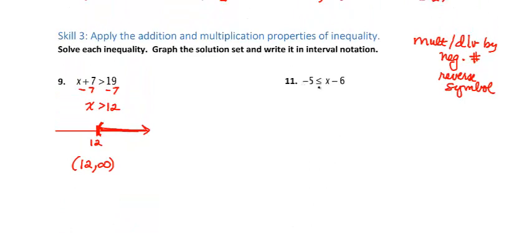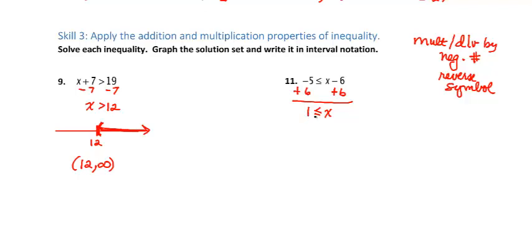Negative 5 is less than or equal to x minus 6. To isolate the variable, we add 6 to each side. Negative 5 plus 6 is 1, is less than or equal to x. This inequality is written reverse of what we normally see with the variable on the left. We can switch the sides of an inequality, but we have to switch the symbol as well.